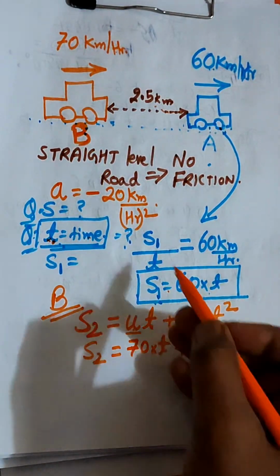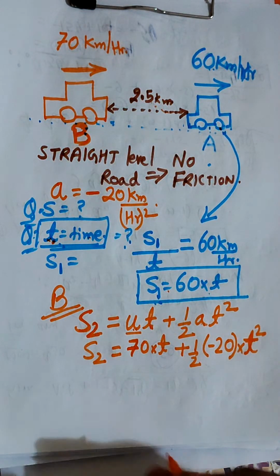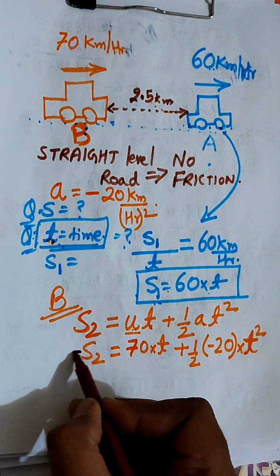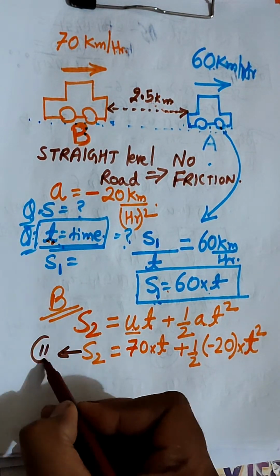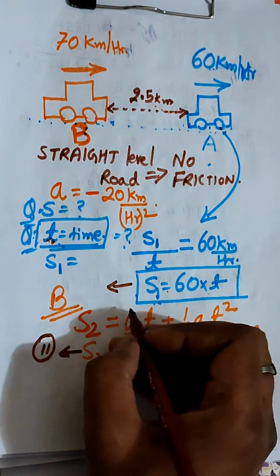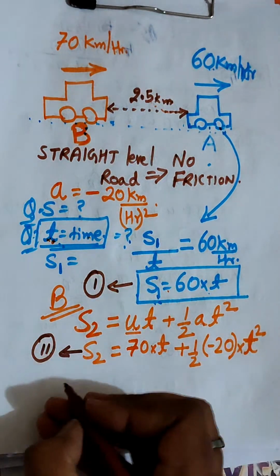Now the value of s2 minus s1 is given as 2.5. So from this, let's say this is equation number 2, and let's say this is equation number 1.